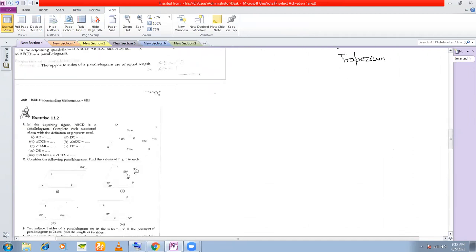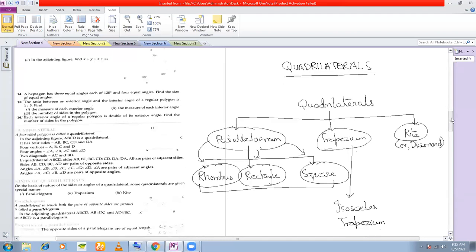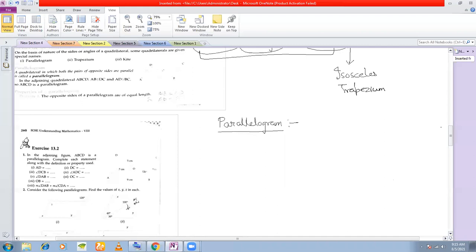Let us understand the properties of a parallelogram. Understand the definition, learn up the definition. You can give your heading here also when you're writing quadrilaterals. Now, remember the definition, memorize the definition.